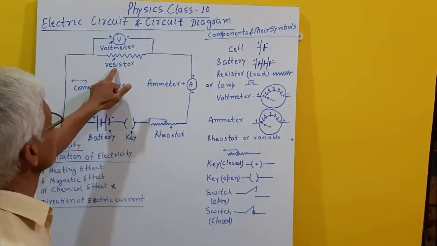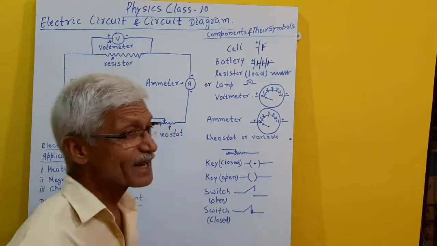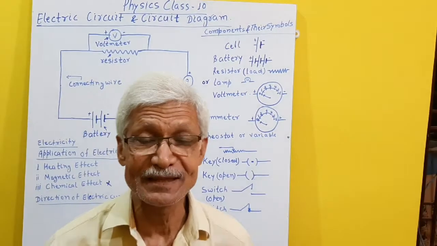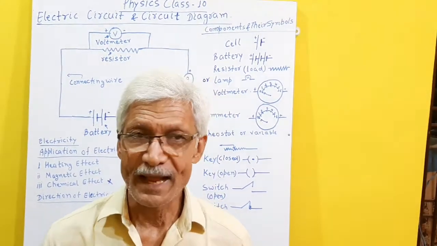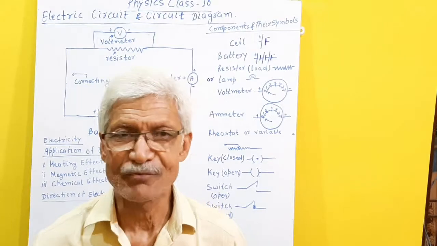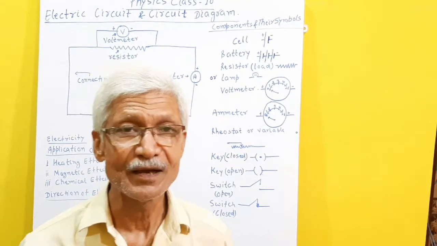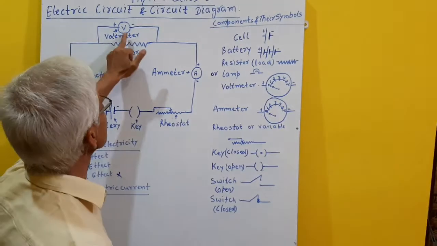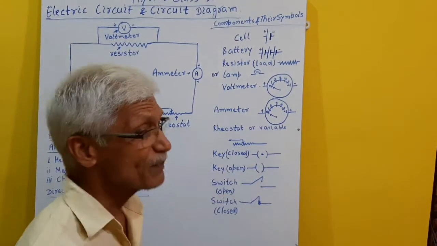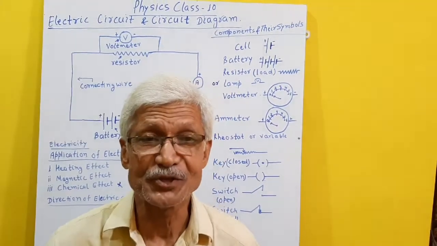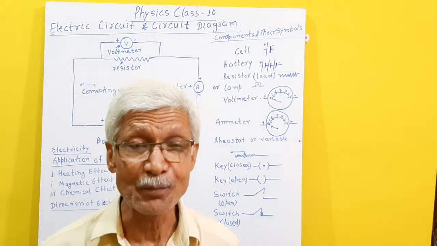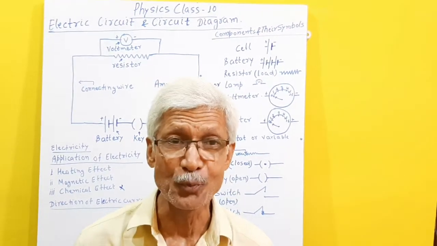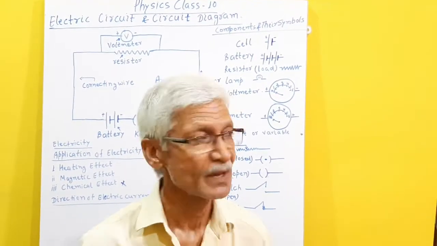Second is the resistor. A resistor is the load which is used in the electric circuit, like the fan, lamp, fridge, whatever we use. Next is the voltmeter. A voltmeter is an instrument which is used to measure the potential difference between two points in an electric circuit.